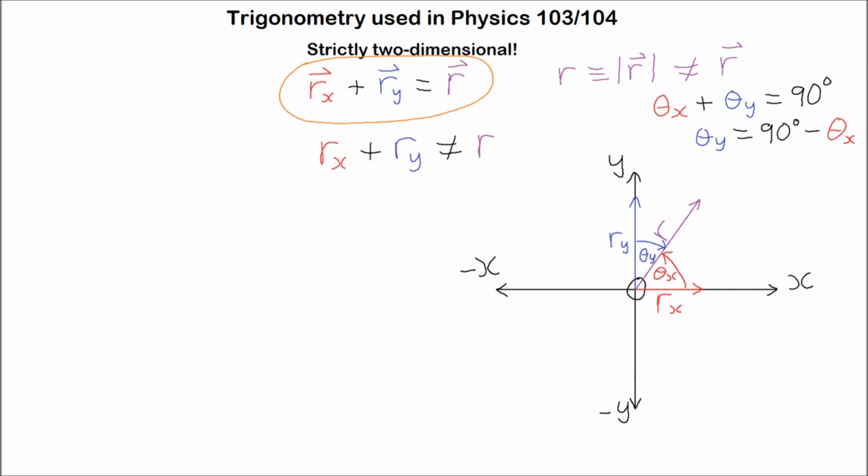However, in terms of magnitudes, which are the lengths of these arrows represented on the diagram, the length of Rx vector plus the length of Ry vector does not equal the length of R vector. To determine the lengths of Rx and Ry, we have to do some trigonometry.